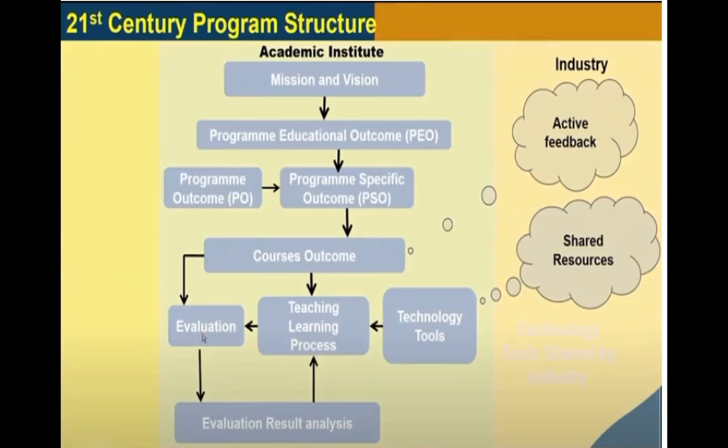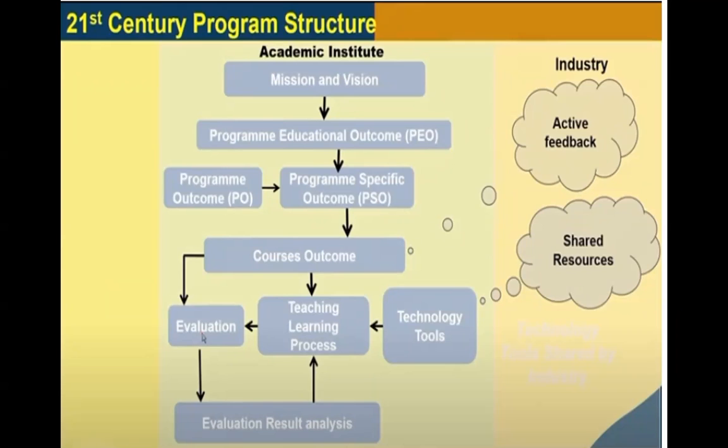In addition to these program outcomes, we can specifically state what our department is specializing in. That is given by the program specific outcome. For example, if the electronics department in our college specializes in VLSI, then the program specific outcome of the department should concentrate on VLSI design.